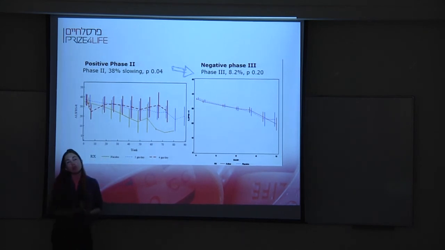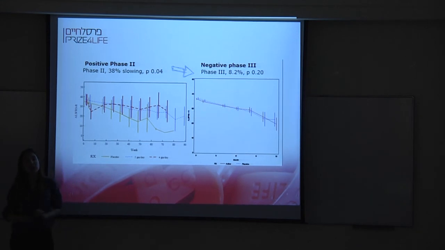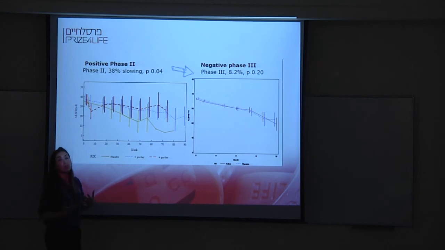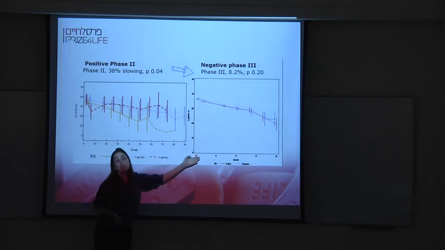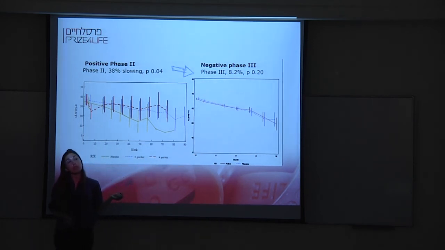The numbers are so small that every specific patient is tremendously influential. So if you happen to have slow progressing patients in one group and not the other, this will tremendously affect your trial. So you could see it here for a treatment that was found to be effective, although it was not. But it could actually also be the other way around, right?